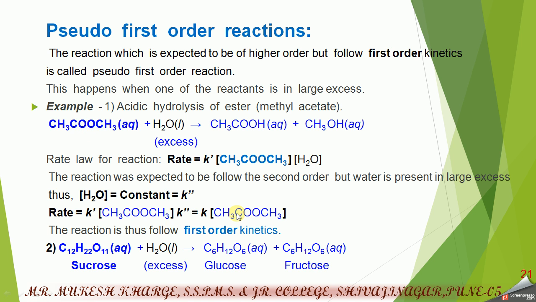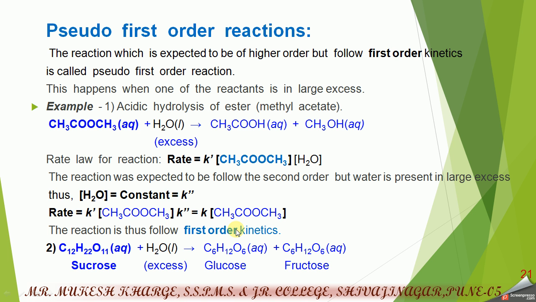That means the rate of reaction depends on the concentration of methyl acetate, and it is independent of the concentration of water. So here in the rate law expression, only one reactant is involved, so it follows first order kinetics.